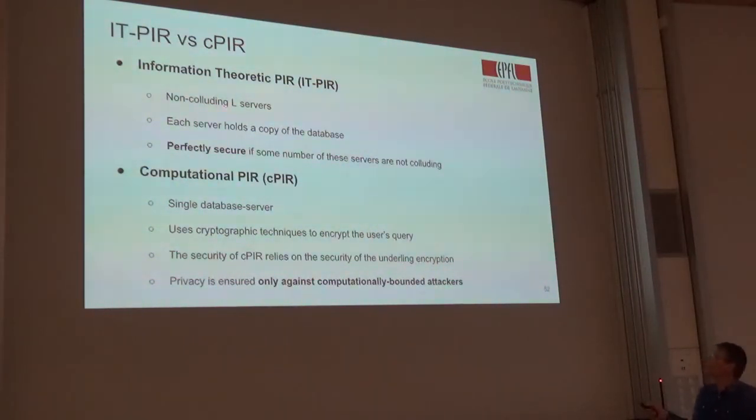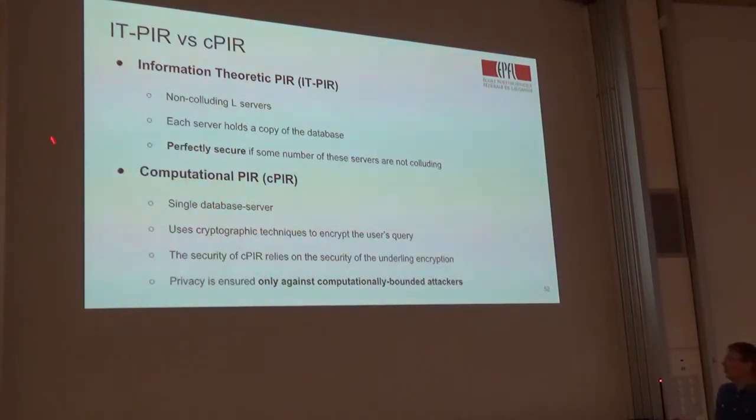In the information theoretic, you suppose that you have n servers and that only t out of n are malicious. I think it's n minus t are malicious. I think you have n servers and t plus 1 honest servers. Sorry for that. Okay, so in the information theoretic PIR, you have n servers and t plus 1 honest servers.